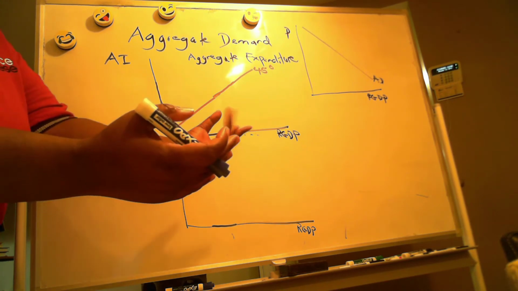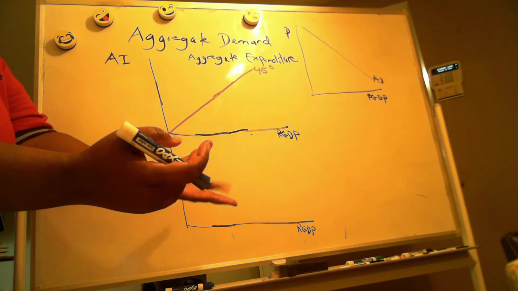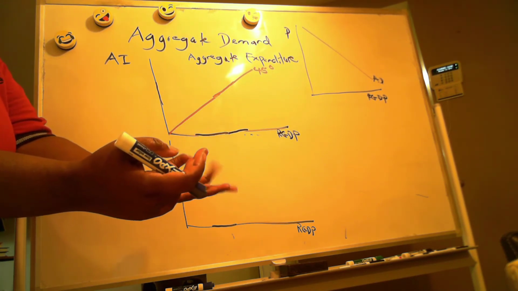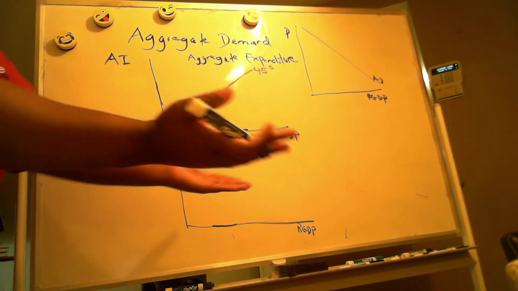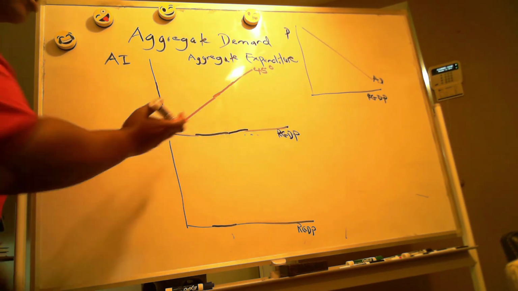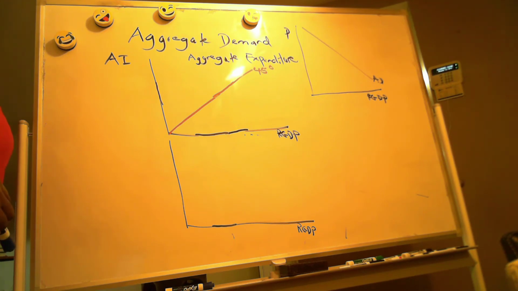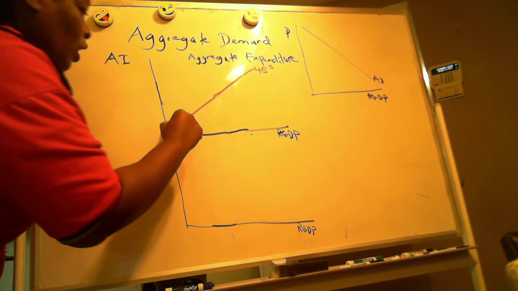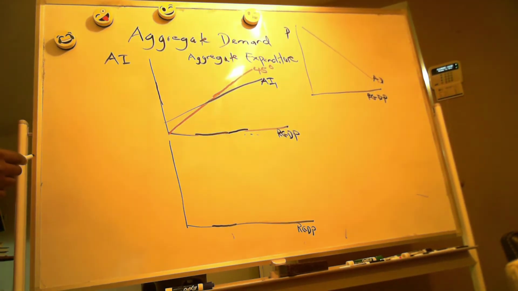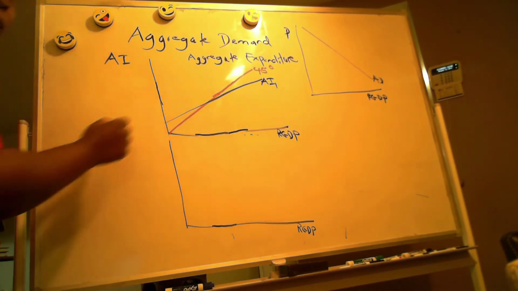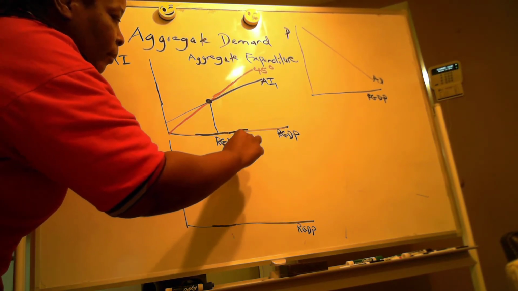Total produced is equal to total spending. Every consumer, every investor slash business entity, all of the government expenditure, all of the net exports, total produced, total spending is equal. They're equal. It means on this 45-degree line, every point is an equilibrium. So if our economy looks like this, for example, let's call it AE1, for aggregate expenditure 1, where it crosses the 45-degree line is an equilibrium GDP.